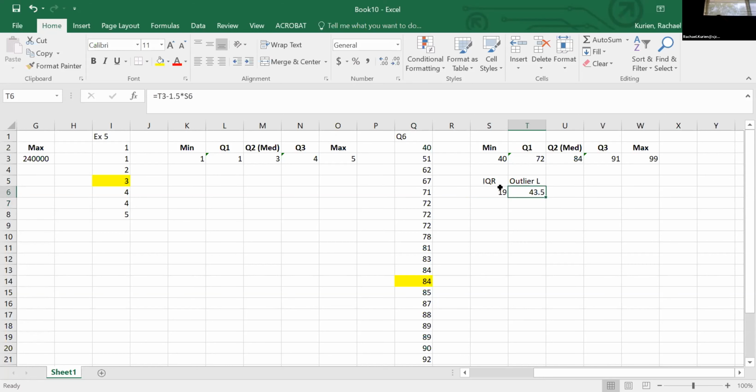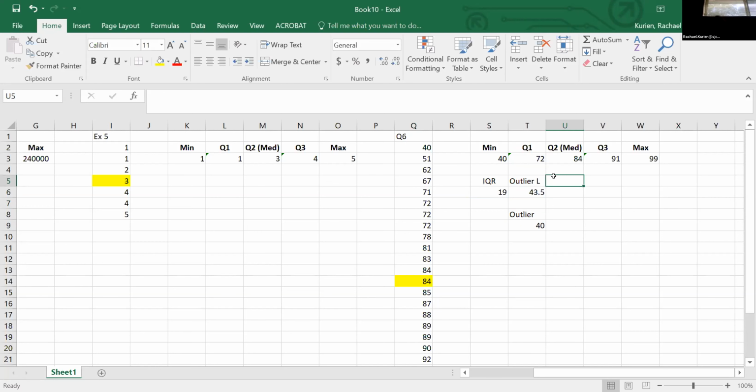And we see that it is 43.5. Are there any numbers less than 43.5? Yes, this 40 right here, that's less than 43.5. So we know in our outliers, 40 is one of those.